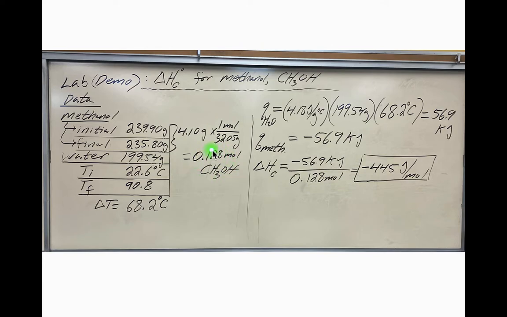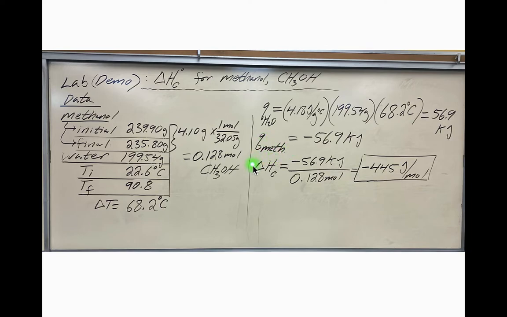And then it's just a calorimetry problem, just like we did last week. First looking at the water, the specific heat of the water, the mass of the water, and the change in temperature of the water gives us 56.9 kilojoules. So that's the amount of energy that the water absorbed, which is equal in magnitude, opposite in sign, to the amount of heat that the methanol released.